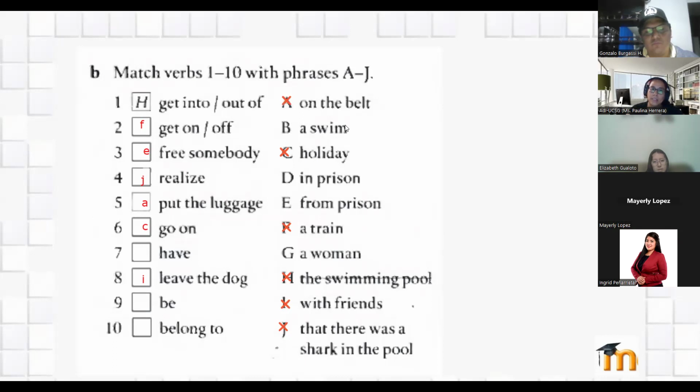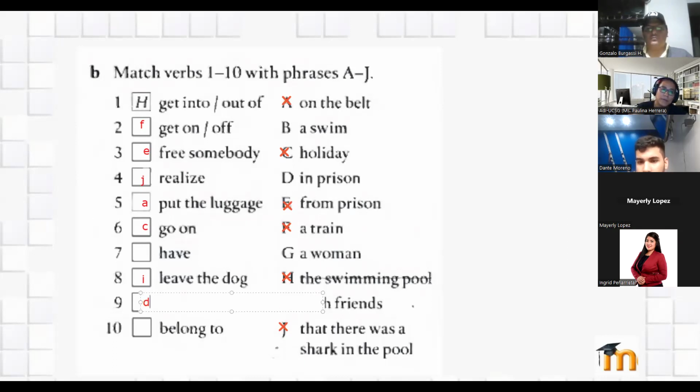So we have B, a swim. D, in prison. E is already taken also. A woman, that's what we have. So that is be in prison. Be in prison, yes. In prison, that's the correct one. Letter D, to be in prison. And now we only have two options. Have a swim.